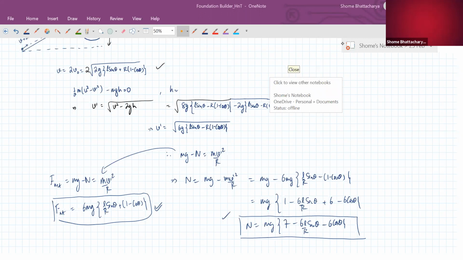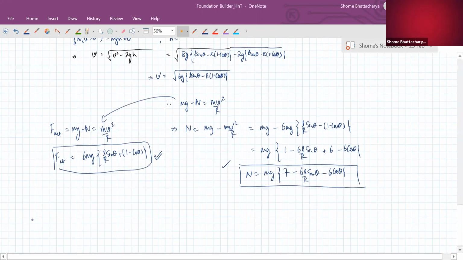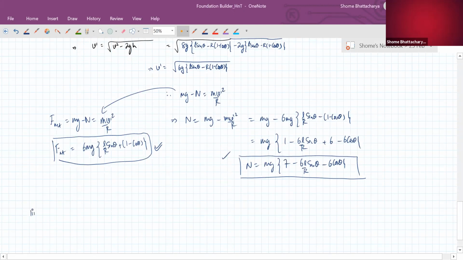Okay, now let's come to the third part. The third part is a bit tricky. Assuming that the projection speed at the bottom is slightly greater than V naught, that means it is almost equal to V naught.